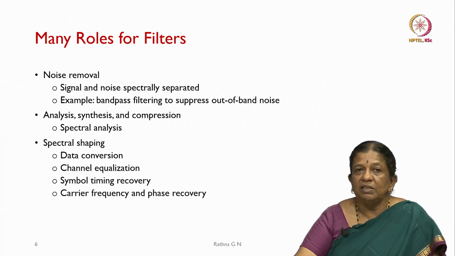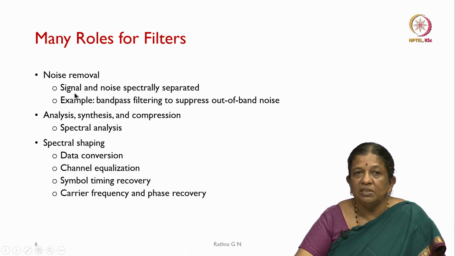We know that filters play many roles. Just to give one more brief look: noise removal, where signal and noise are spectrally separated. An example is that we can use band pass filtering to suppress out-of-band noise.